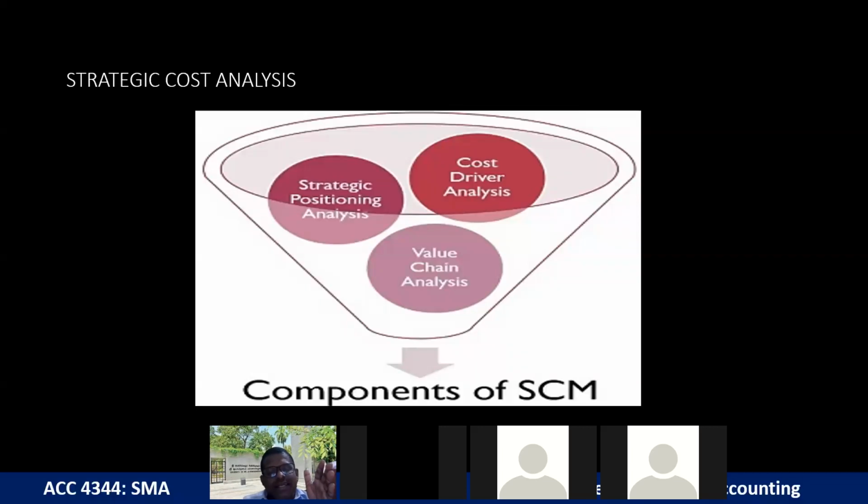You get the raw material, you have the design, you cut it according to the design, then you collect it, assemble it, pack it, and ultimately get it to the customer. So value chain analysis is much more important. When you do strategic cost analysis, you need to focus on these things. Only then can you manage cost.